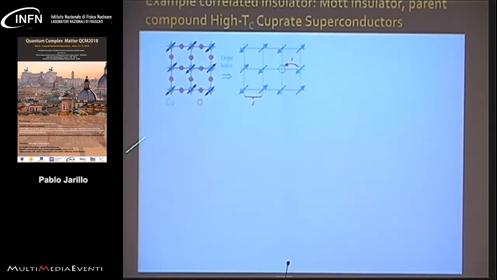In the case of the copper oxide superconductors, you have this lattice where the electrons are half filled on the copper sites, and then as you dope with holes, or remove holes, you can play an interesting game.